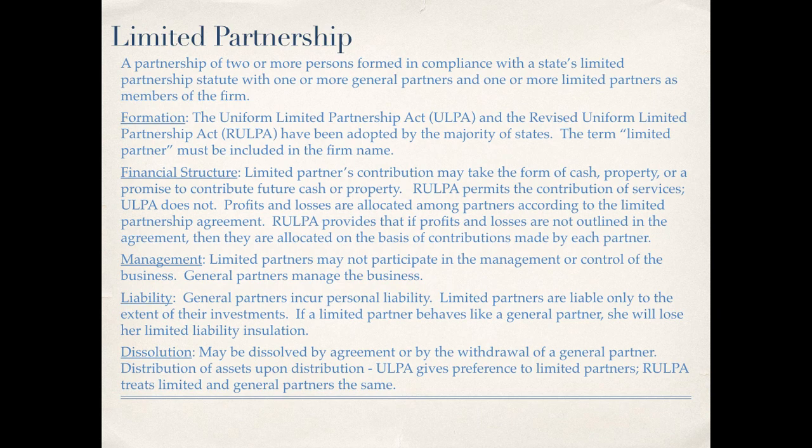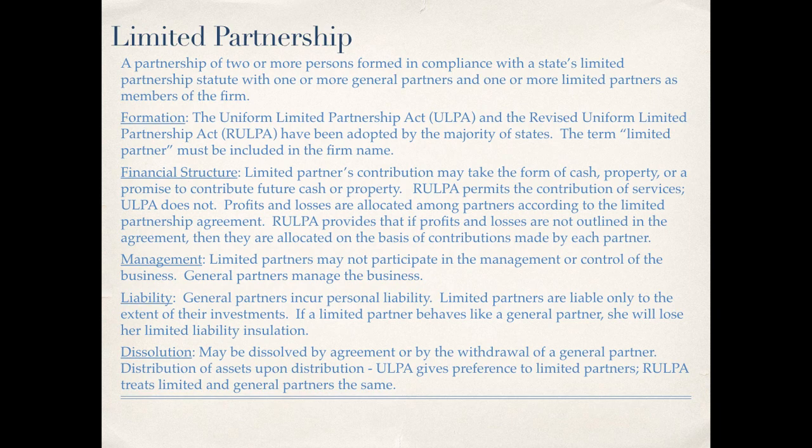Now, if we want to end this limited partnership relationship, we can dissolve it by agreement of the parties. If one of the general partners leaves, then it dissolves. Okay? Now, how do we distribute our stuff when somebody leaves? Well, the Uniform Limited Partnership Act, the one that was before it was revised, says that limited partners get their take first.